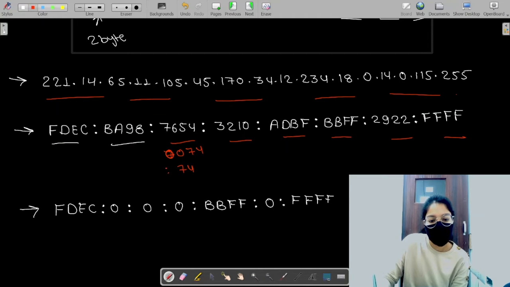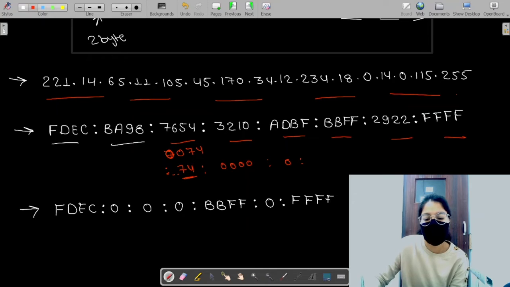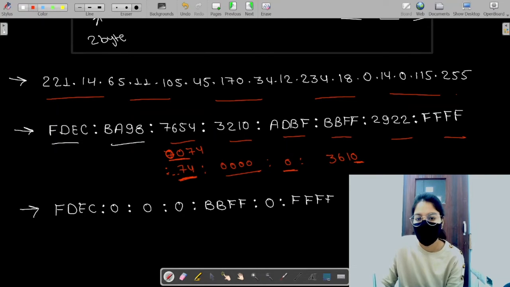It is automatically understood that 2 zeros are present. If I have 0000, then I can write just a single 0. This is zero compression. If somewhere I have 3600, then I can't compress those trailing zeros. If we have all zeros, then we can compress like this. If we have leading zeros, then we can compress like this. So here we can use zero compression also.